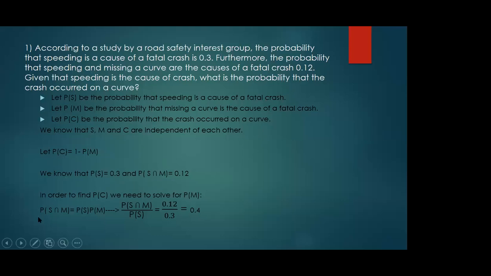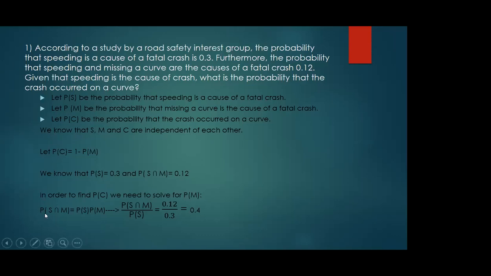So the probability of S intersect M was 0.12. But remember, we made the statement that S, M, and C are independent of each other. And remember that when events are independent, we multiply them.